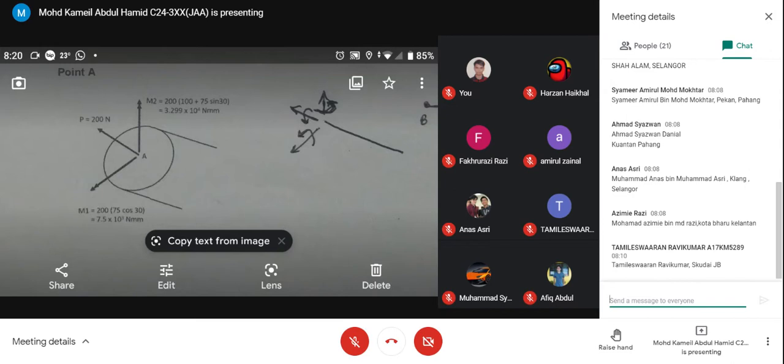Satu is P, 200 Newton. The P is the one that counters PX. PX is in the positive X direction for example. So P at support A is pointing in the negative X, 200 Newton for P.